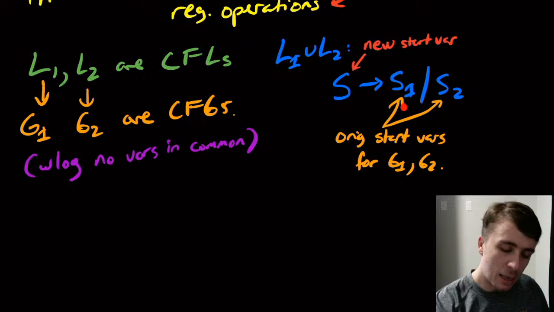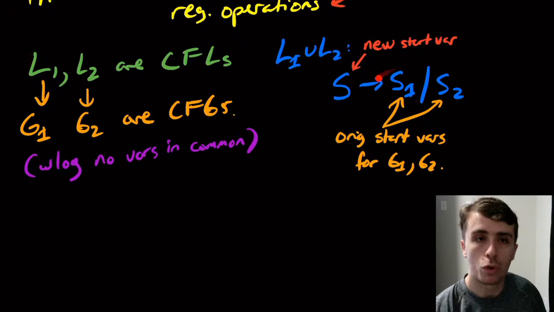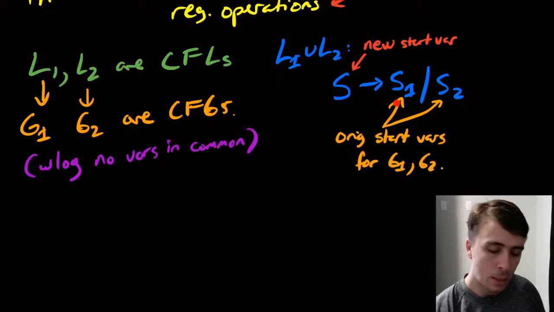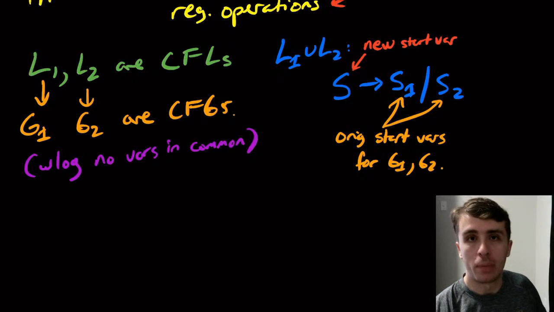So why does this get the union? Well, this is the start variable. There's no other rules other than these two that involve this new start variable. So when I go into here, either I choose the S1 variable or I choose the S2. And because there's no terminals being generated here, this actually is a non-deterministic choice.